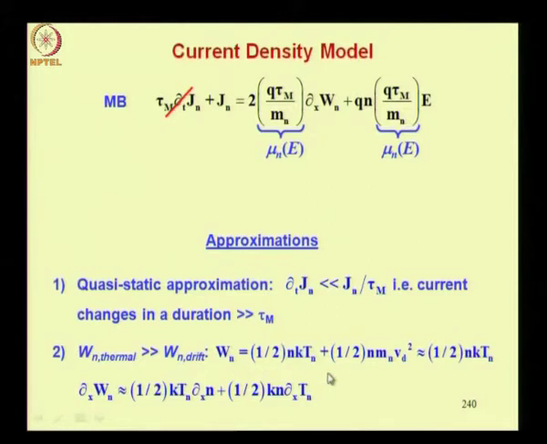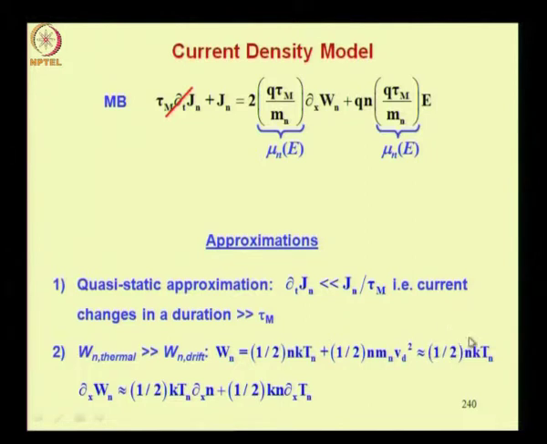Writing the equation in terms of electron temperature, the approximation Wn thermal much greater than Wn drift amounts to assuming that half n k Tn plus half n m Vd square is approximately equal to the thermal component itself. So we have neglected the directed component, and we are using half here because we are using the one dimensional version of the equation.